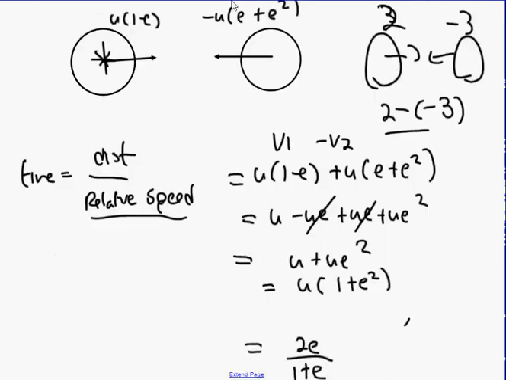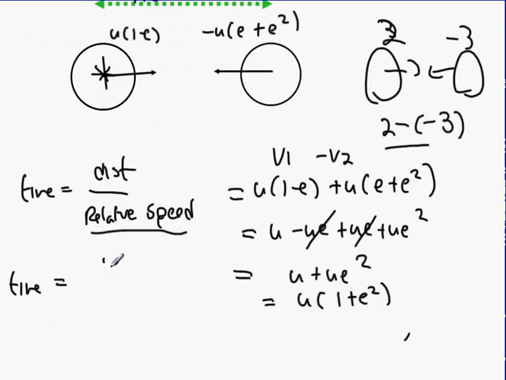So time equals distance over speed, which is going to be what, guys? Time equals distance, which is 2e all over 1 plus e, and that's going to be all over u into 1 plus e squared.